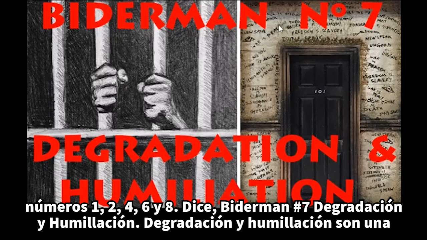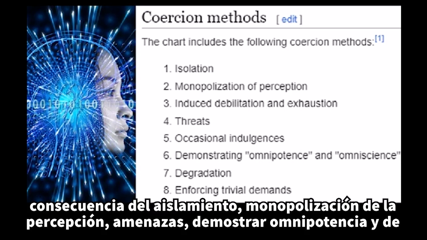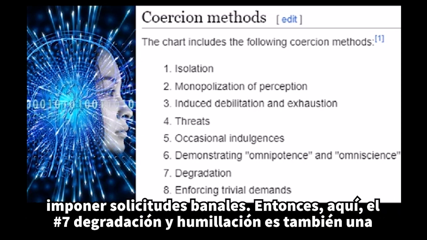It says Biderman number 7, degradation and humiliation. Degradation and humiliation are a consequence of isolation, monopolization of perception, threats, demonstrating omnipotence, and enforcing trivial demands.